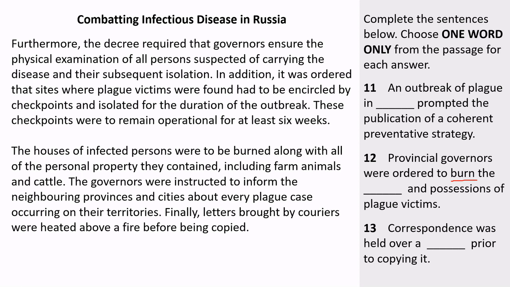It's also a word that doesn't have very many synonyms, so we might actually find the word burn in our passage. If you look after the blank, possessions of plague victims could also be helpful, but here I think burn is the best keyword. So I'll give you a minute. Try to scan this passage and see if you can find the word burn or something similar to the word burn.